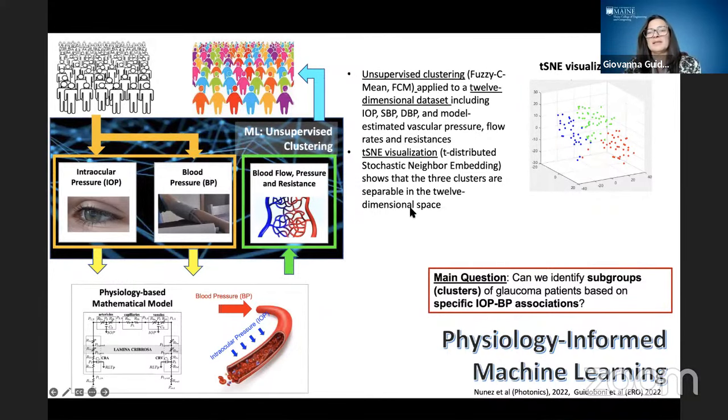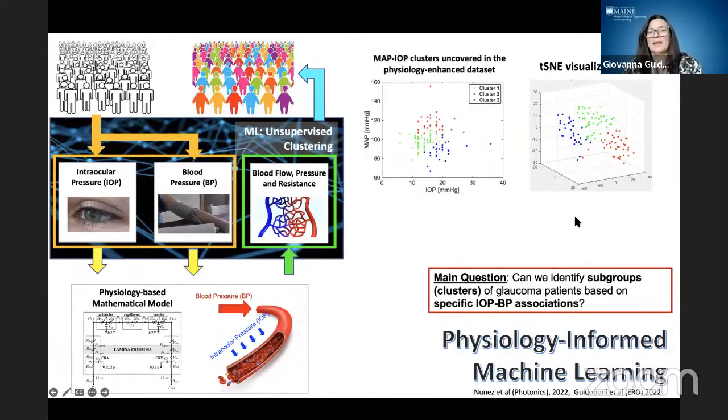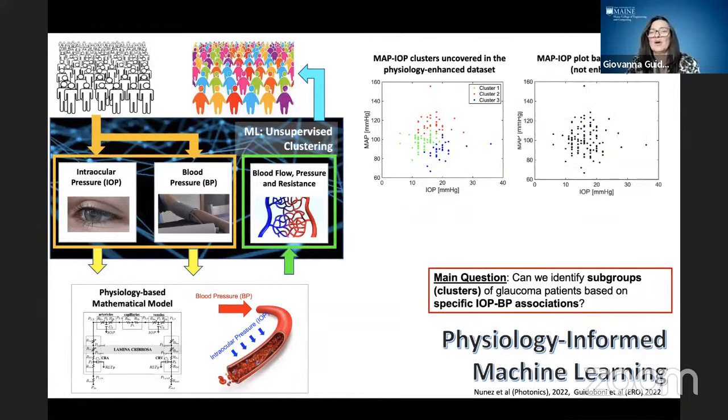But basically, you can see on the right a visualization through t-SNE of clusters that were stable in the data set and that are actually separable. And if we now map those into the two-dimensional space of blood pressure and IOP, we actually see that what seemed like just a single blob earlier actually embodies 3 different clusters.